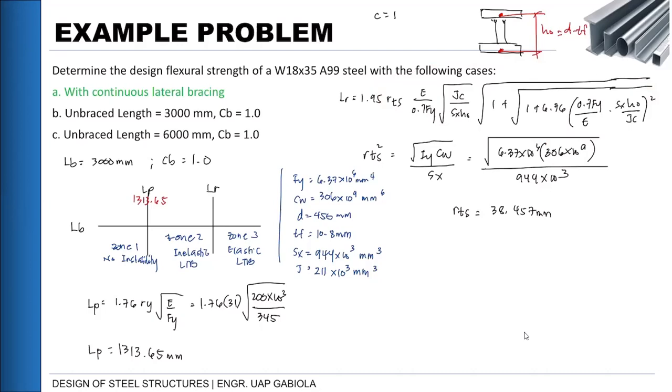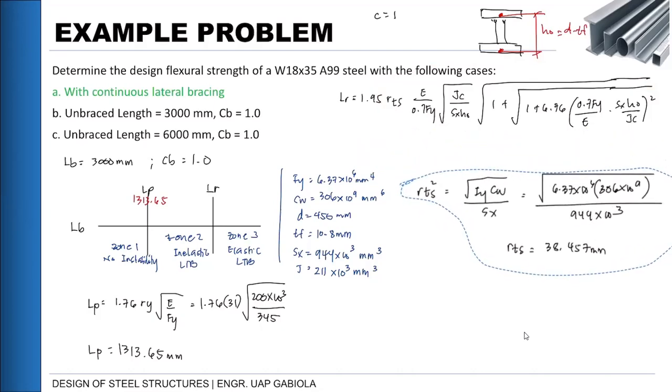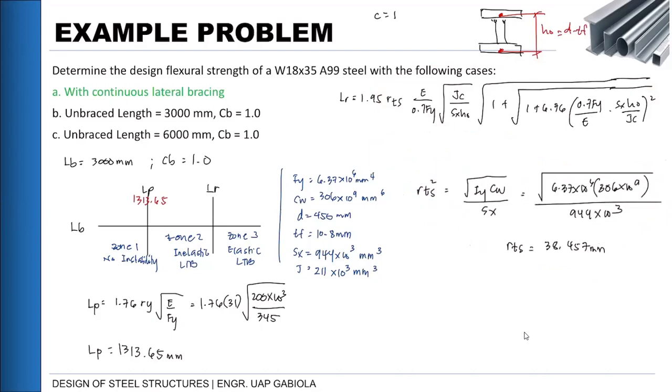So, paano natin gagawin yan? So, ibaba lang natin ng konti itong formula natin dito. So, transfer lang natin ng konti. Okay? So, makita nyo dito, si RTS, ito yan, no? So, yung makukuha mo value for RTS, multiply mo na agad ng 1.95. Okay? So, pag minultiply mo ng 1.95, i-store mo sa letter A ng calculus mo.